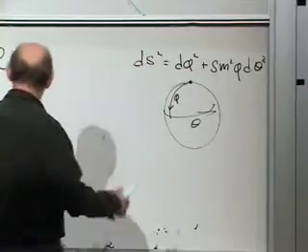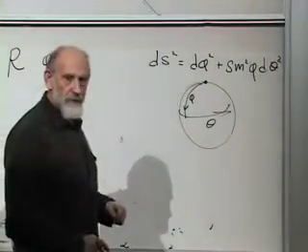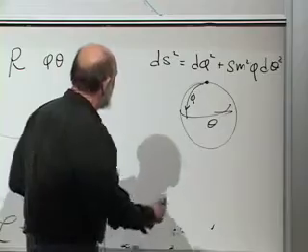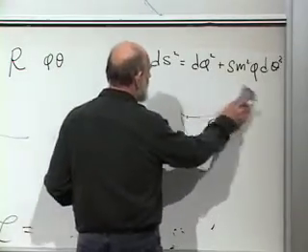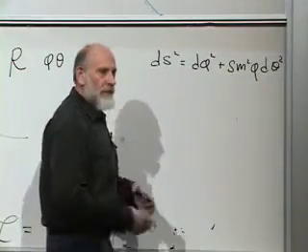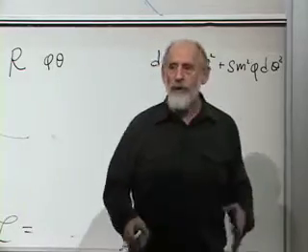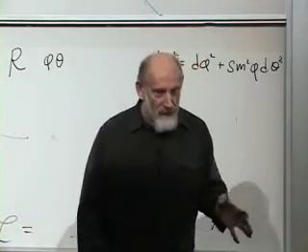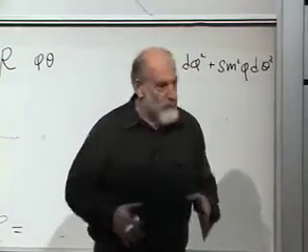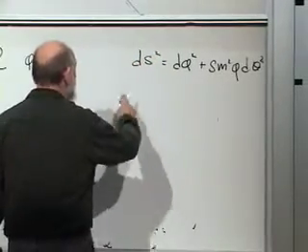Now, supposing the sphere has radius r, what do we do with it? We just multiply it by r squared. Every squared length is r squared times bigger than it would be on the unit sphere.